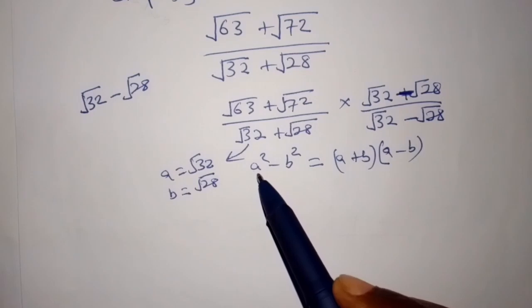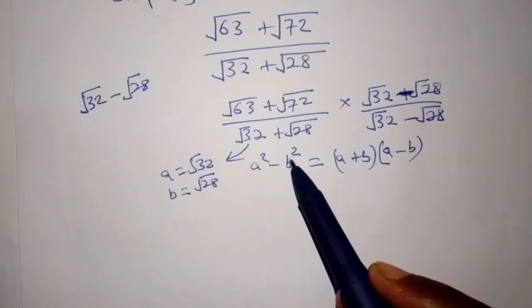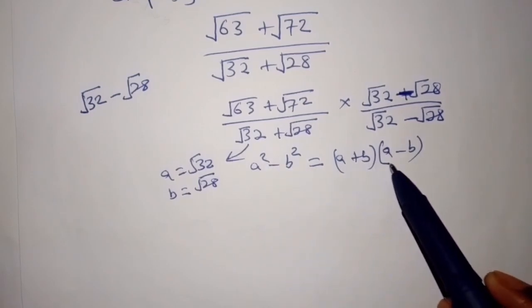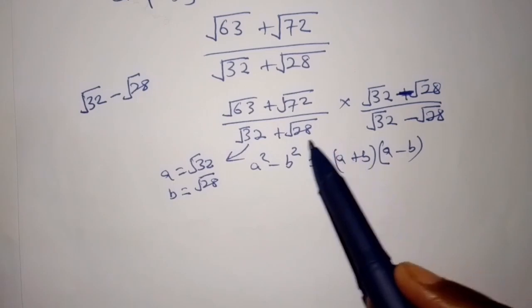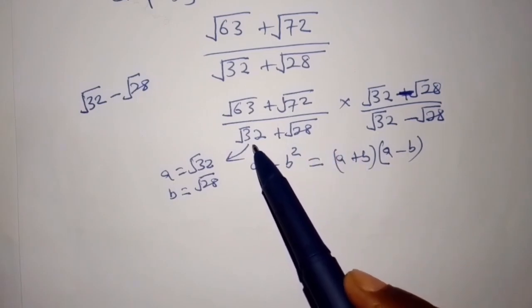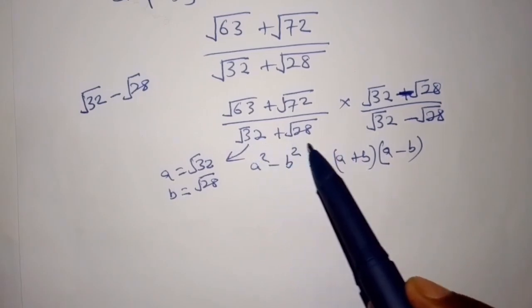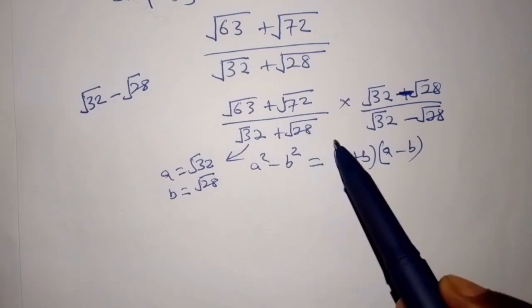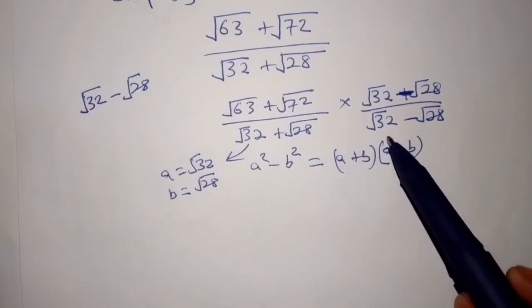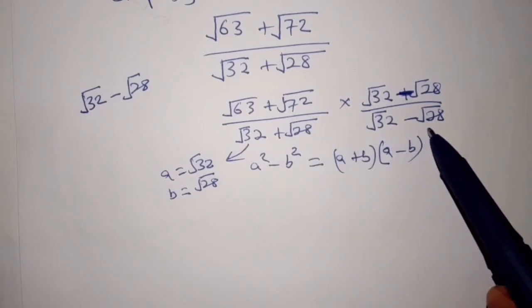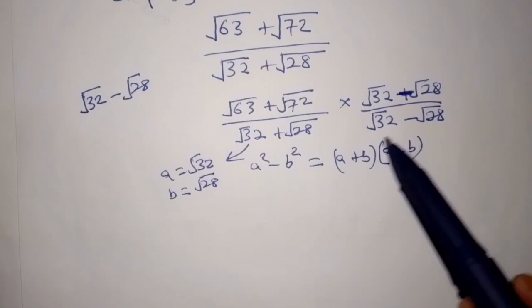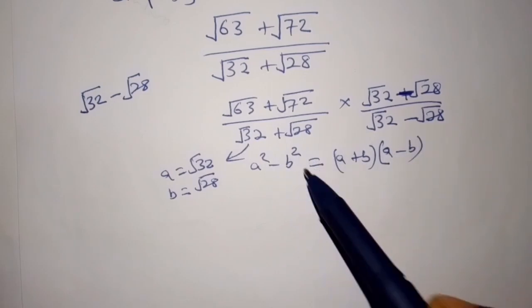So a squared minus b squared is equal to a plus b into a minus b. That is square root of 32 plus square root of 28 times square root of 32 minus square root of 28 is a squared minus b squared.